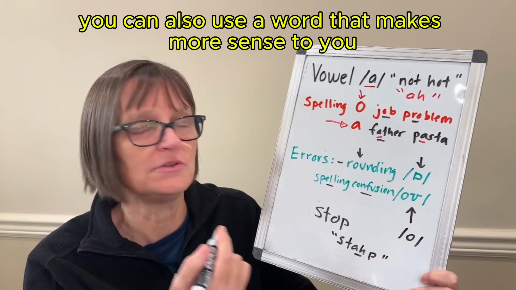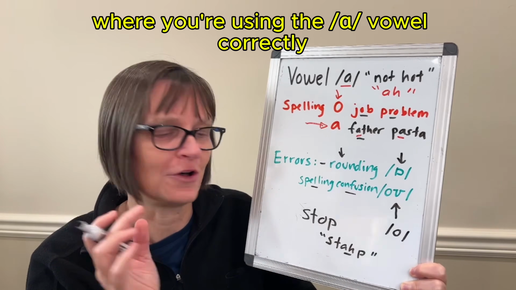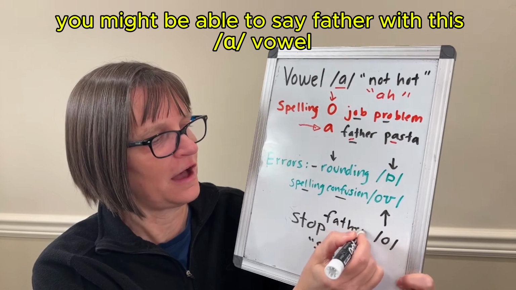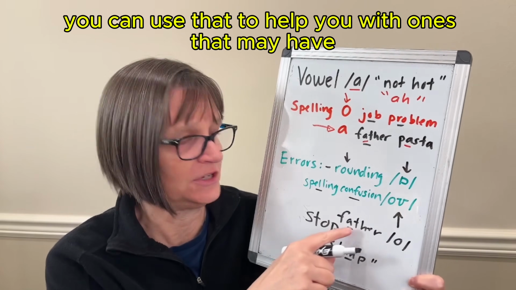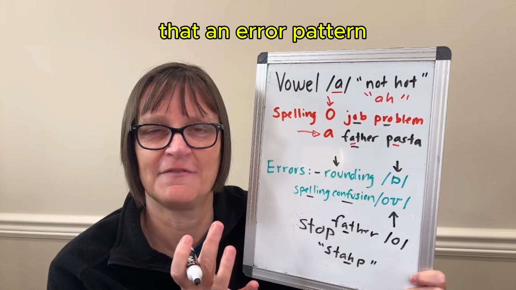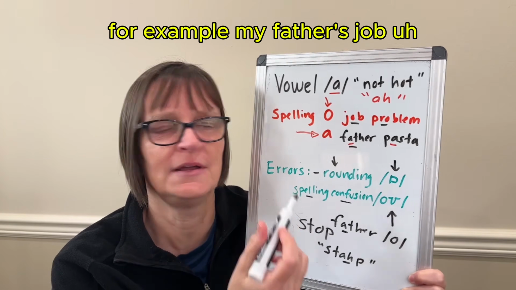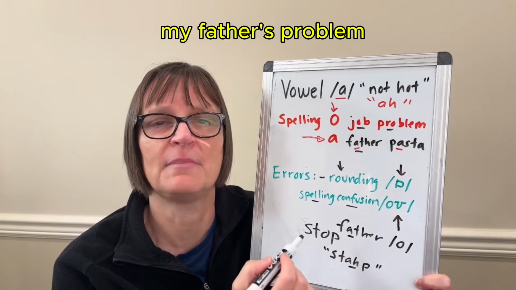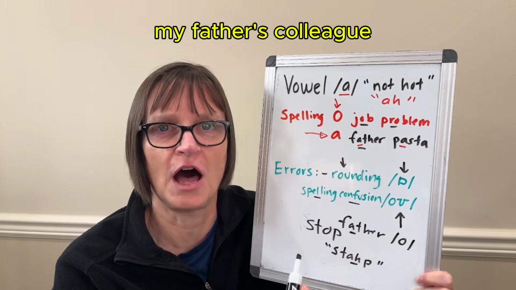You can also use a word that makes more sense to you, where you're using the ah vowel correctly. For example, you might be able to say father with this ah vowel because it's spelled with letter A. Then you can use that to help you with ones that may have an error pattern. For example, my father's job, my father got, my father's not, my father's problem, my father's colleague.